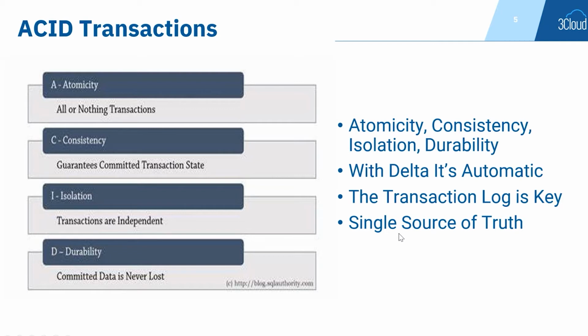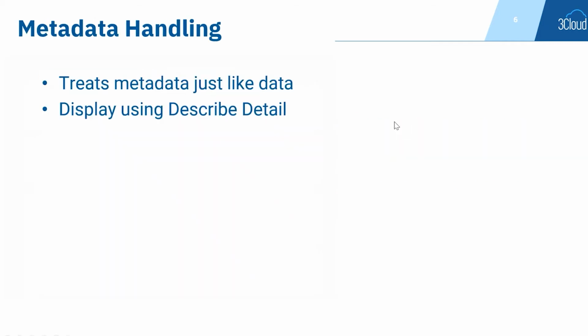The Delta transaction log is treated as a single source of truth, because it truly is. Everything that you've done to this Delta table over time will get recorded in that transaction log, and it really does represent the truth of what happened to that table.